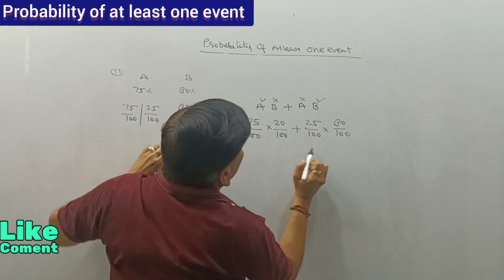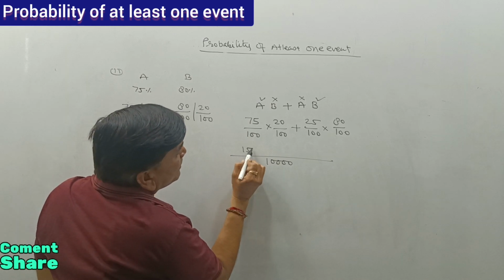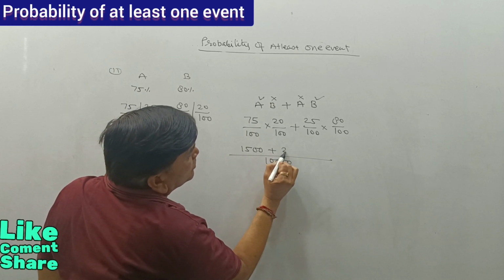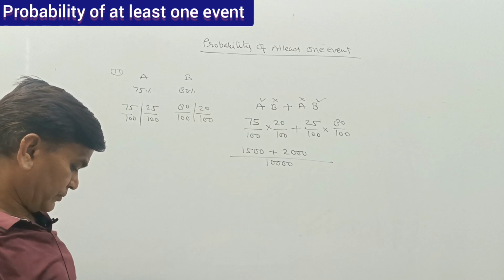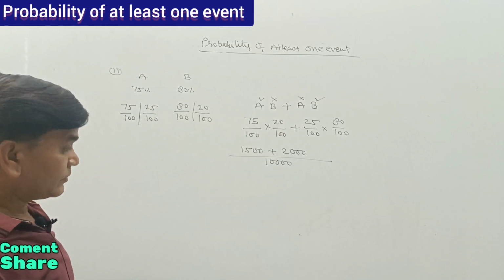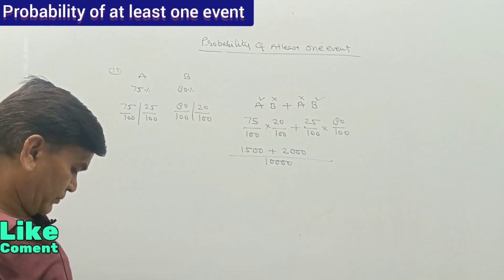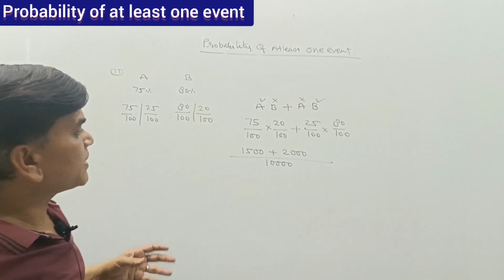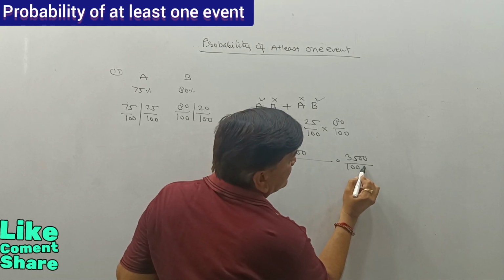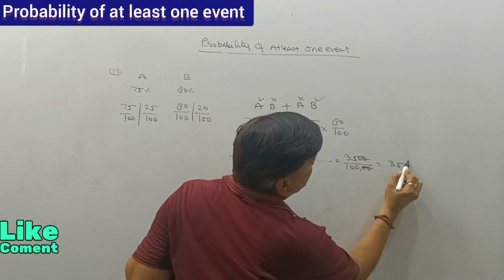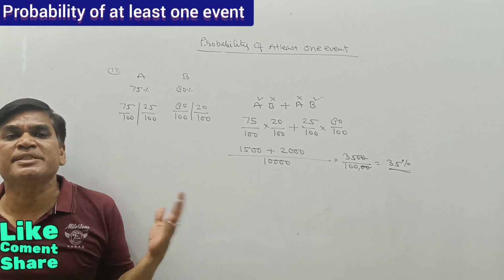Multiplying, 1500 plus 2000 gives 3500 upon 10,000. So there is a 35% chance that both will contradict each other.